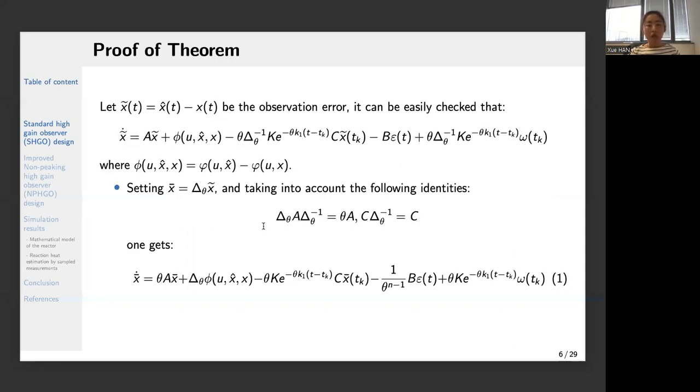First of all, we will do a coordinate transformation, and we set x bar equal to delta theta times x tilde.